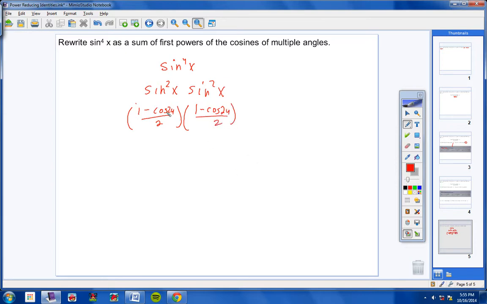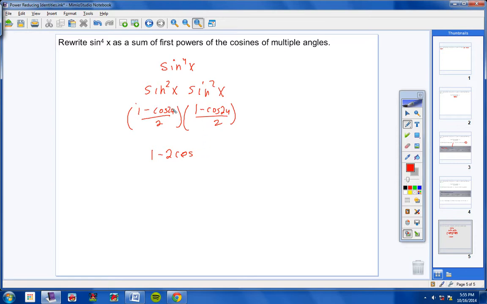And now if you take the top, remember you have a binomial times a binomial, so you have 1 times 1, 1 times cosine, cosine times 1, cosine times cosine. If you do all of that work, I'm not going to show you all the work because that's pretty much algebra, but you would get 1 minus 2 cosine of 2u.